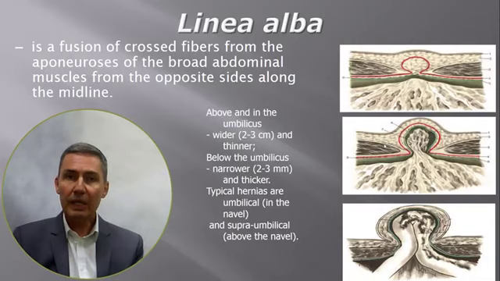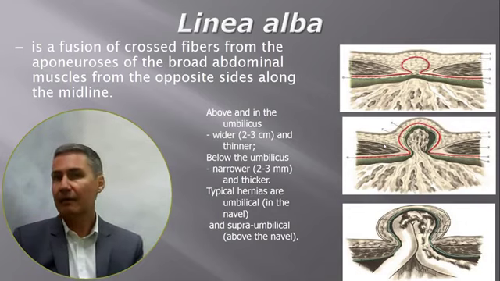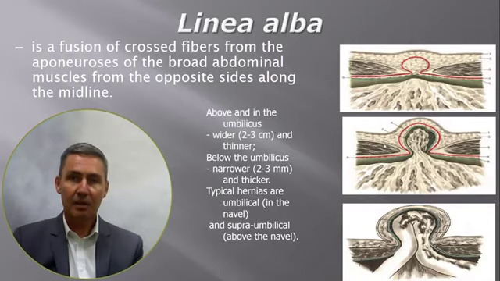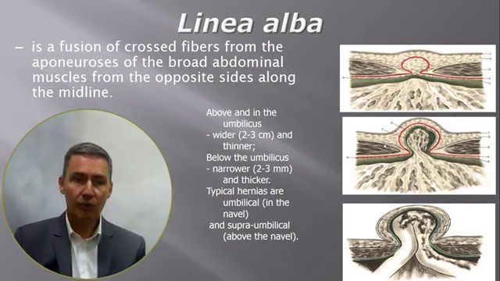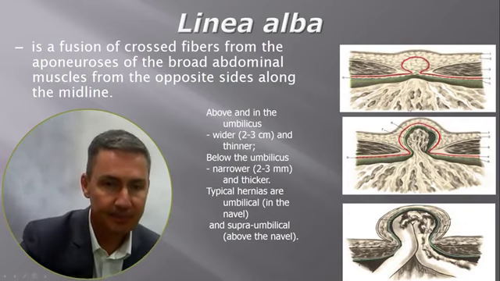The opening in the linea alba is known as the umbilical ring or the navel. That's why sometimes it also can be a weak spot, and an umbilical hernia will be formed in this region.